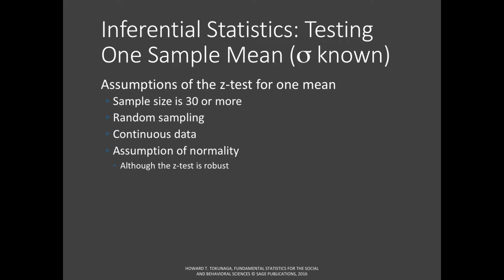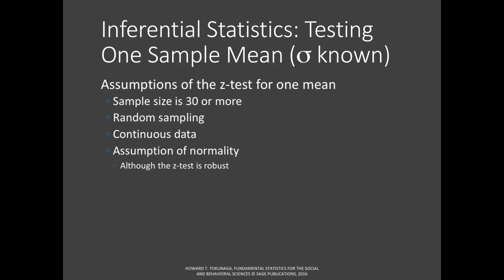It has to be continuous data. That means not measured nominally, like gender, or ordinally, like a satisfaction rating of poor to excellent. And the curve has to be assumed to be normal.